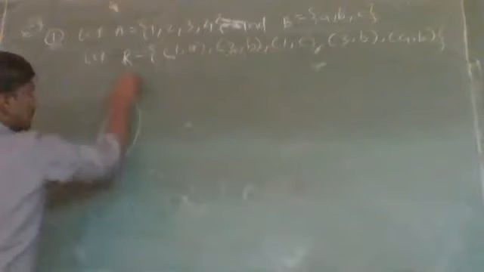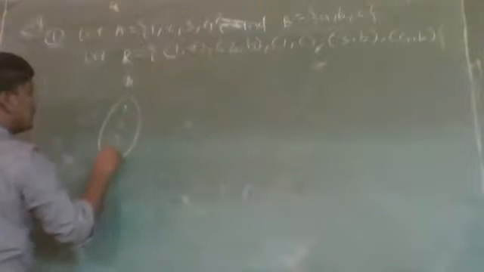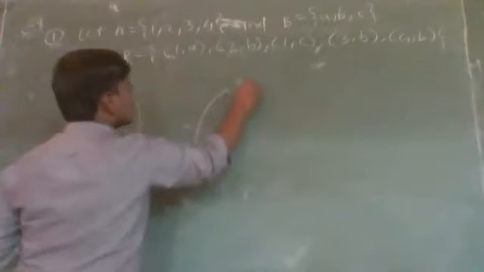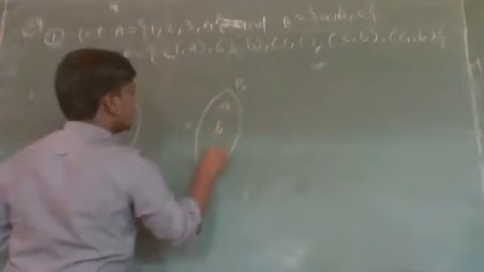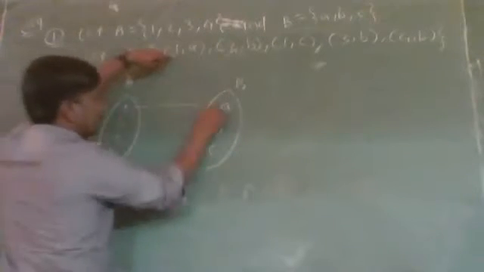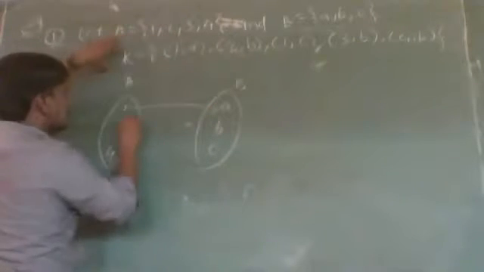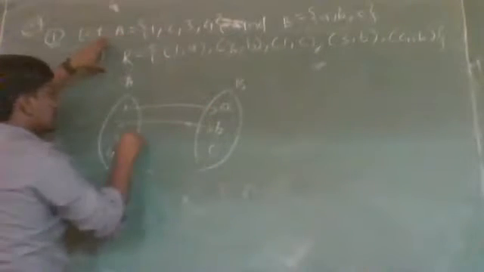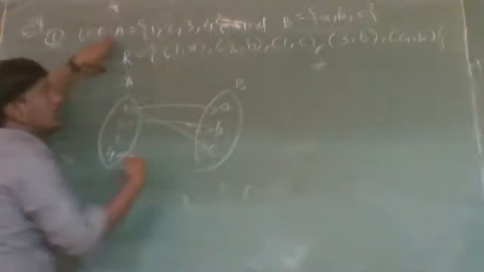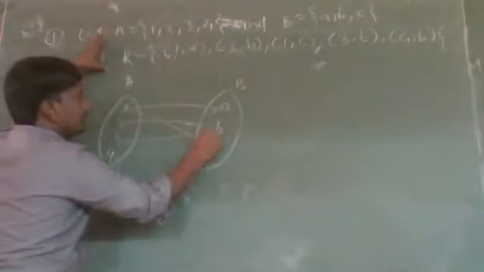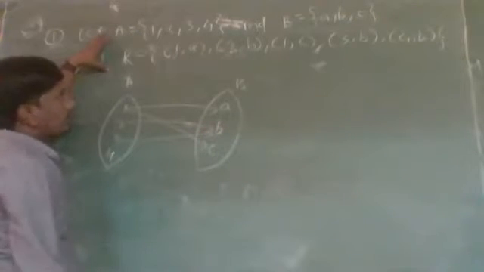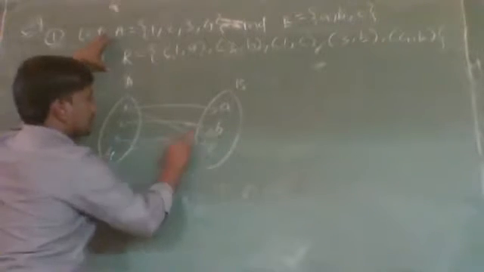Now take two sets A, 1, 2, 3, 4 and B. F of 1 is A, F of 2 is B, F of 1 is C, F of 3 is B, and F of 4 is B.